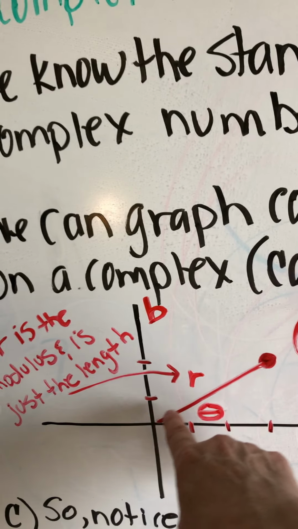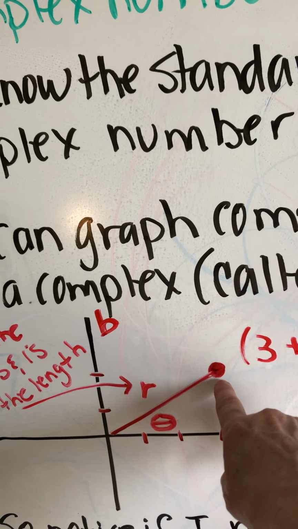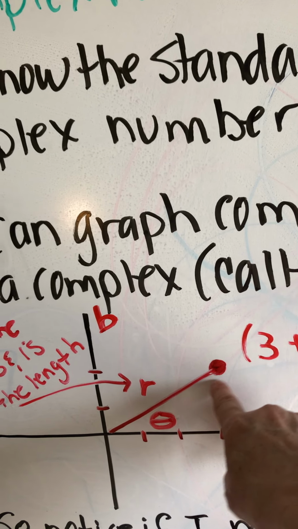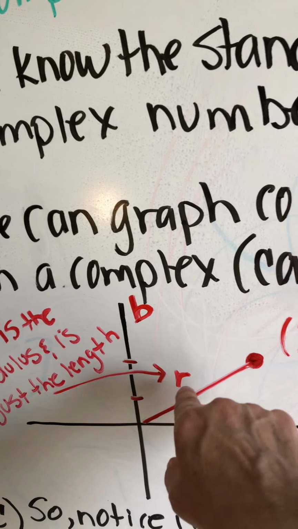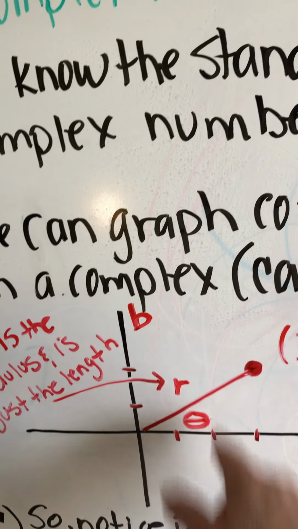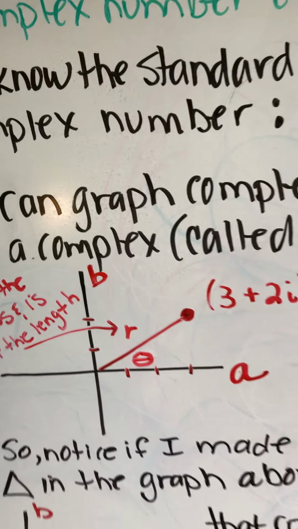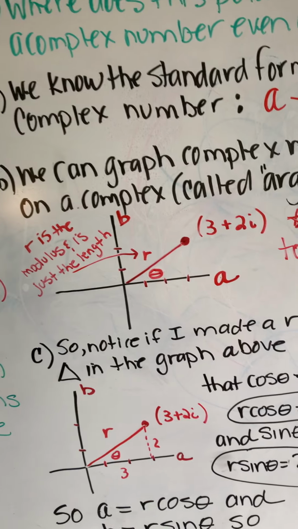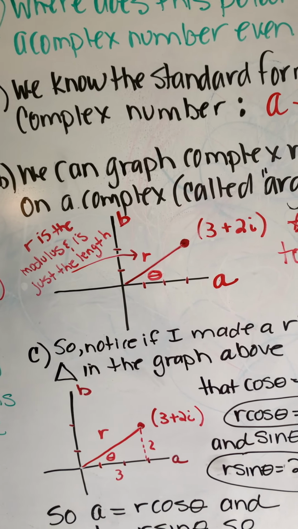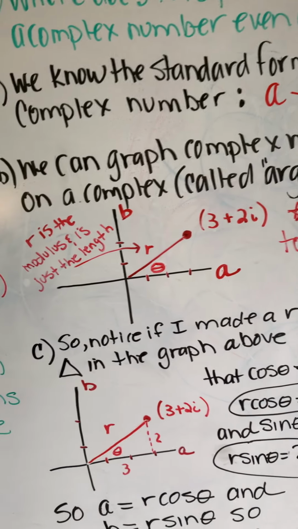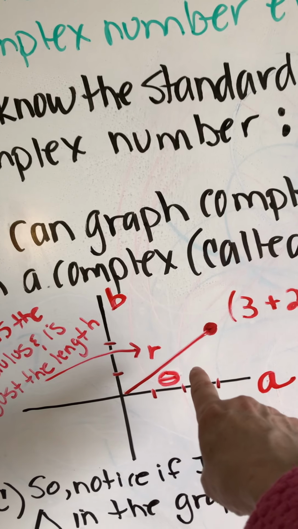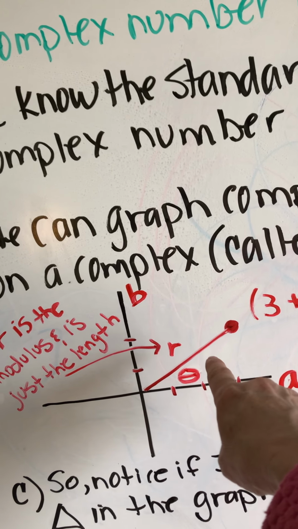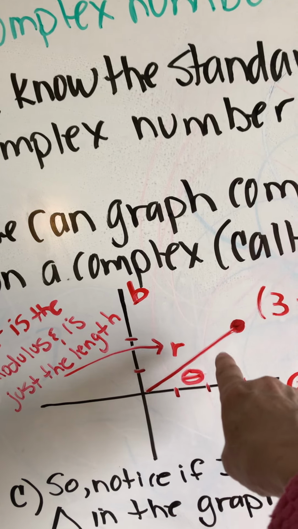Now this length right here, what we usually do is connect a complex number to the origin, and we call that length r. So we know how to find that. We've done the distance formula, right? Pythagorean theorem. On the Argand plane, this length is no longer called the distance formula or the hypotenuse.